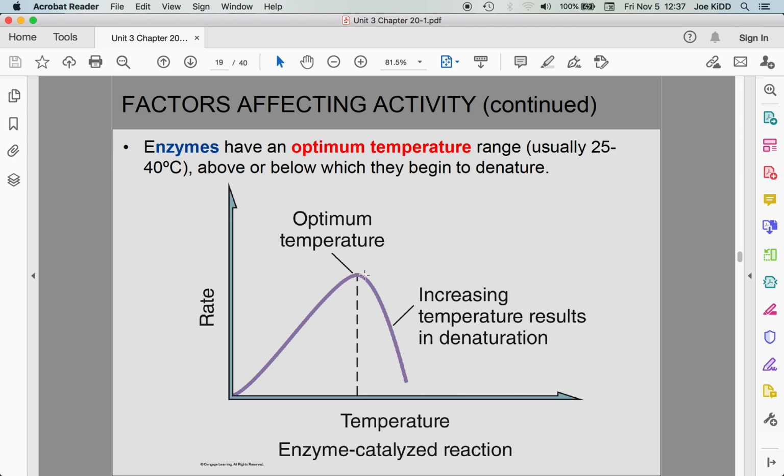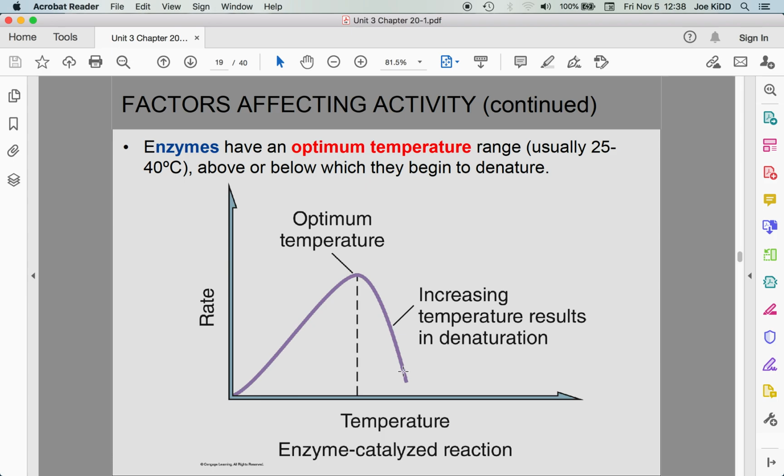However, there will come an optimum point, right? That peak temperature where it's supposed to work. Anything above that will start to decrease the rate again as we start to unravel our proteins. So as you might imagine, when you have a fever and you are sick, you are raising your body temperature, and this can be dangerous not only for the invading either virus or bacteria, but also to our own bodies as well.